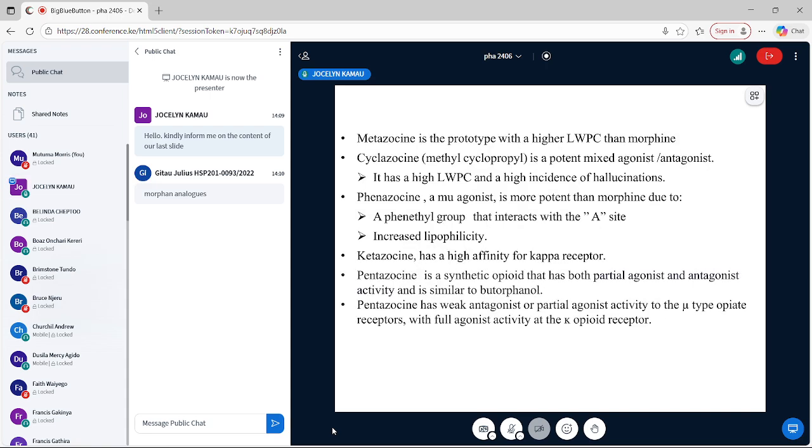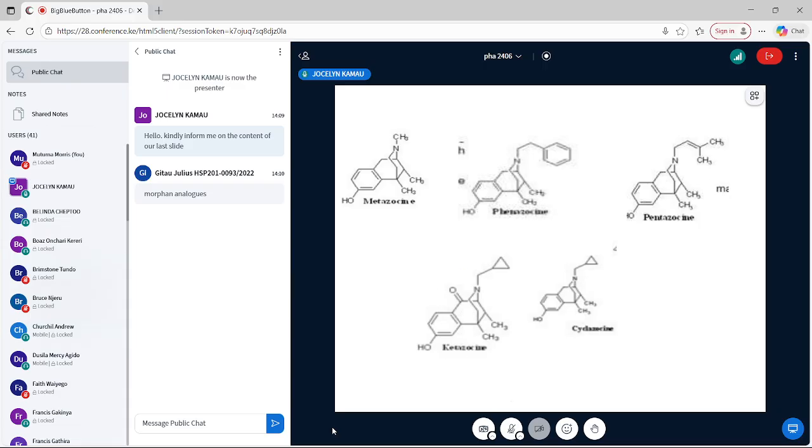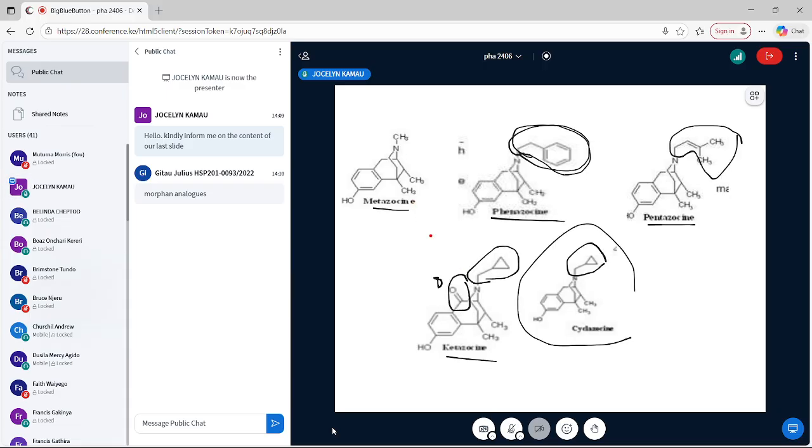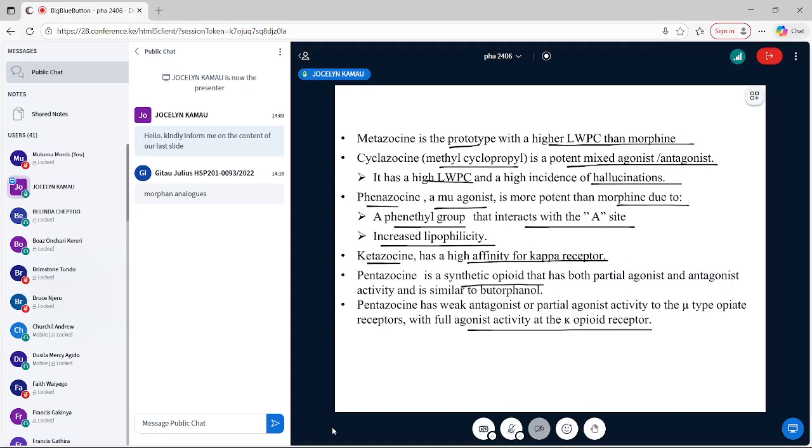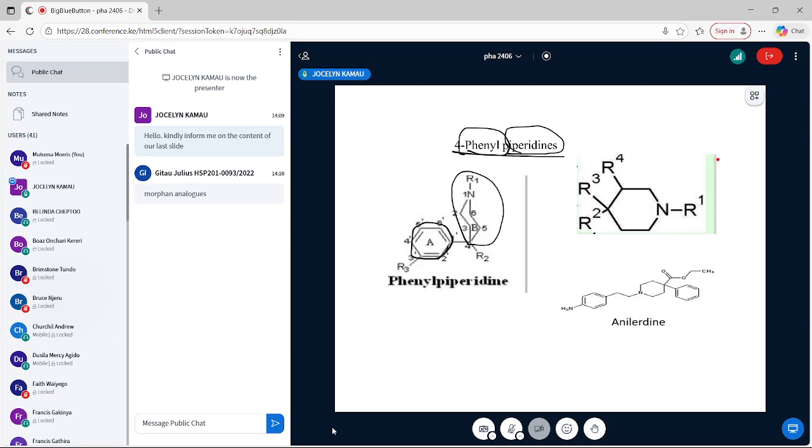If you look at the benzomorphans, the morphinans, the 4,5-epoxymorphinans, all of them, the rings are fused to each other. But now when we move to the 4-phenyl piperidines, there is no fusion. These rings are joined through a single bond.